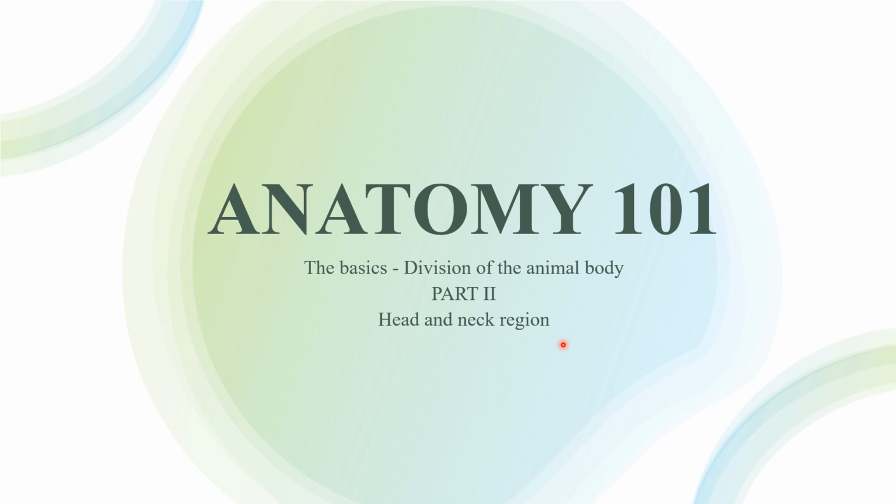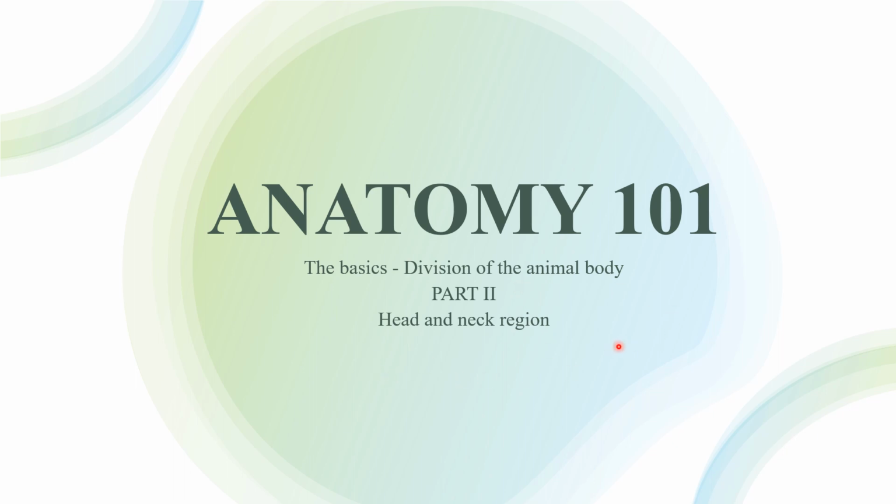Now, last time we covered the very basics, just the division of the animal body. We talked about separation, about sides, about lateral and midlines, about both English and Latin terms on the basic anatomy. So hopefully it will be easier for you in the future. Now today, as I already mentioned, this will be part 2, head and neck region.